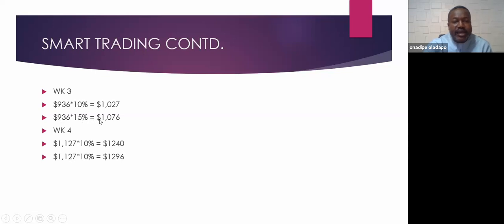15% becomes $1,076. And by the end of the 4th week, ladies and gentlemen, still this 1,027, adding another $100, that becomes 1,127. 10% of that as capital increase, 1,240.